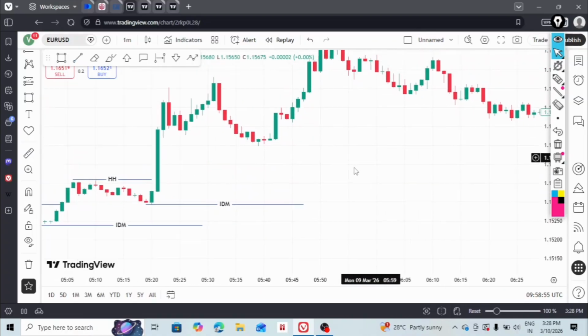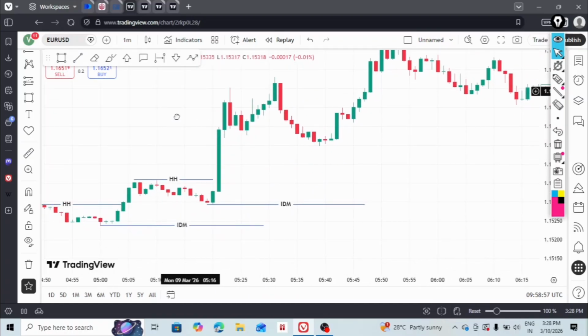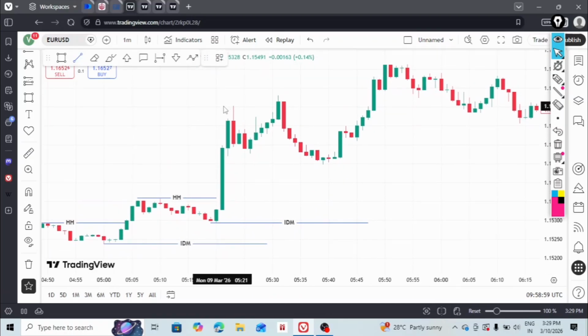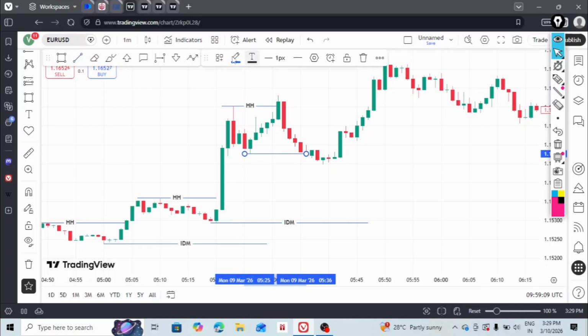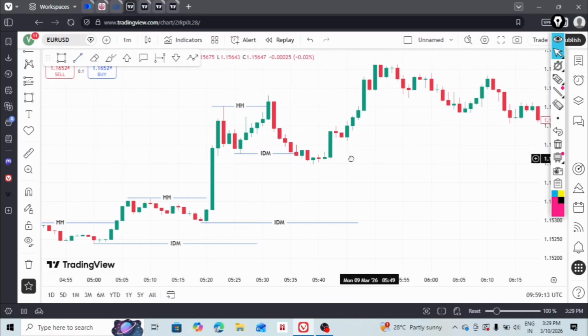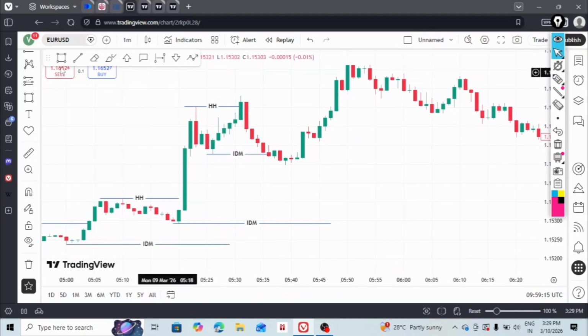The inducement has not been mitigated so far. Here this is the higher high again. After the higher high has been confirmed, this pullback will be the inducement level here. After mitigation of the inducement, we get our break of structure level.